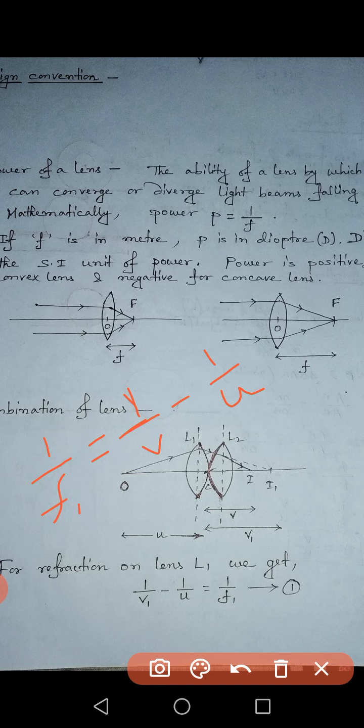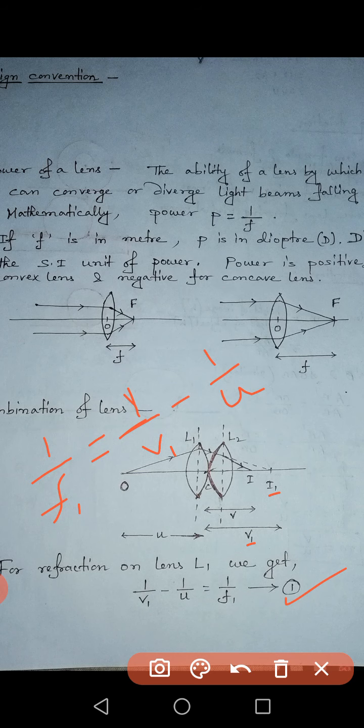In place of V, the image distance: for lens L1, which one is the image? I1. So what is the image distance? V1. So in place of V I will write V1. That's what I have written here: 1 by F1 is equal to 1 by V1 minus 1 by U, given as equation number 1.